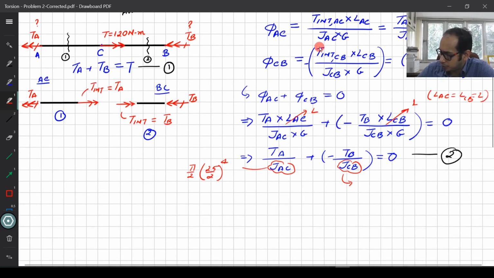So JCB is going to be pi over 2 times 25 by 2 raised to 4 minus 15 by 2 raised to 4.